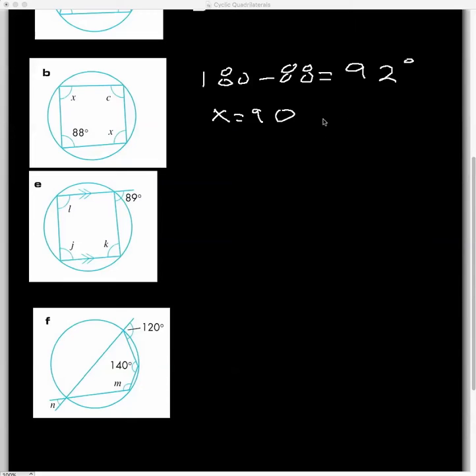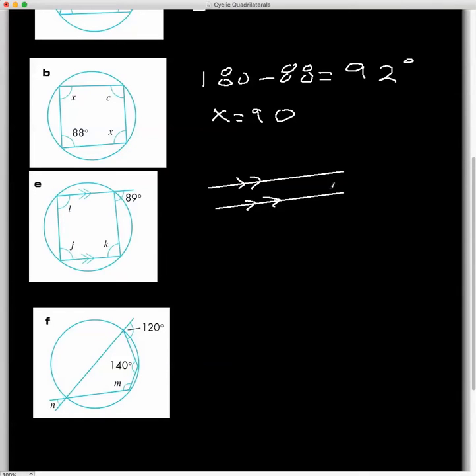All right, for the next one, it looks like we have parallel lines. So if you see two lines like this anywhere in the work or on the test, with two arrows on one line and two arrows on the other line, these indicate parallel lines, and we can use some tricks with parallel lines.